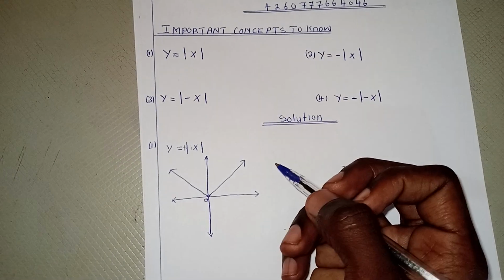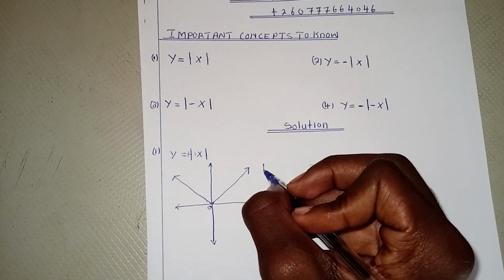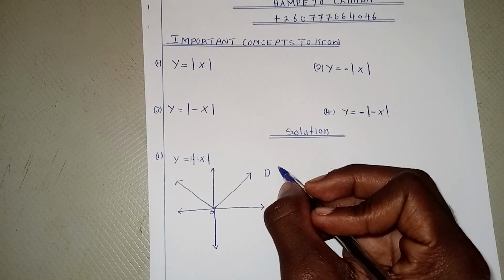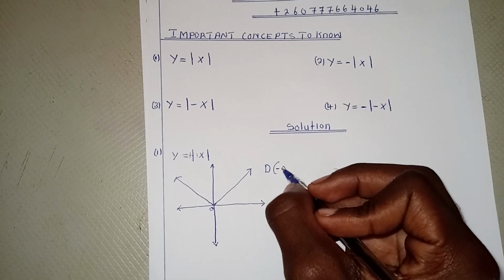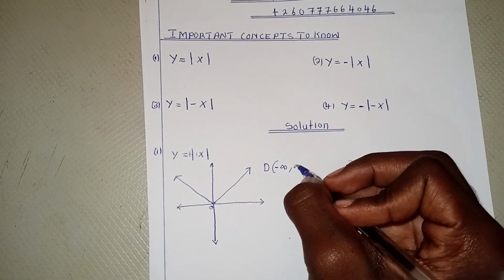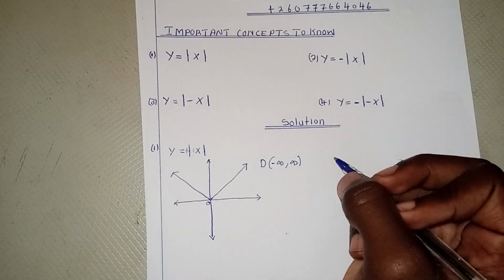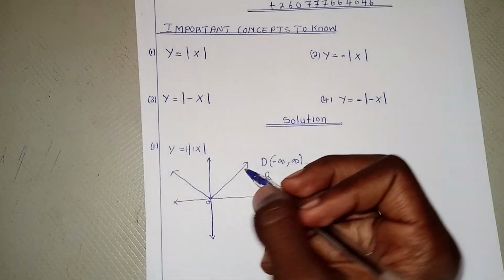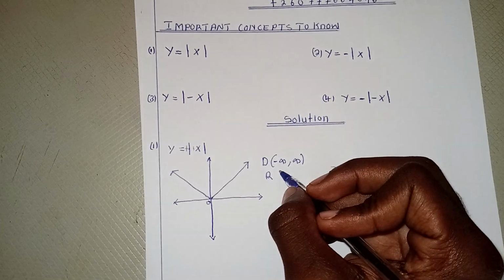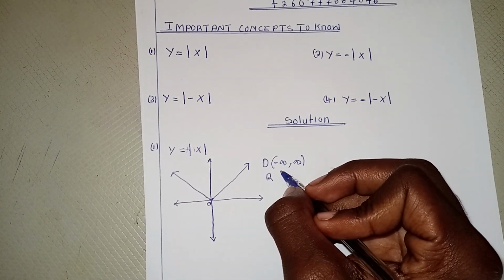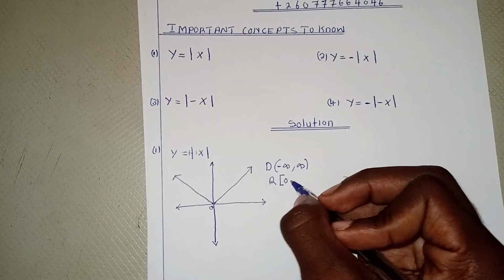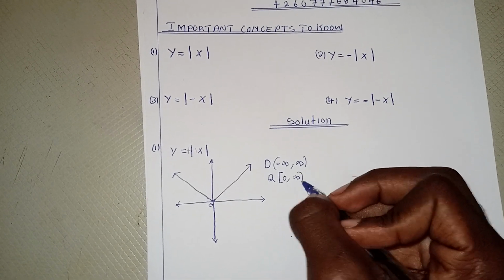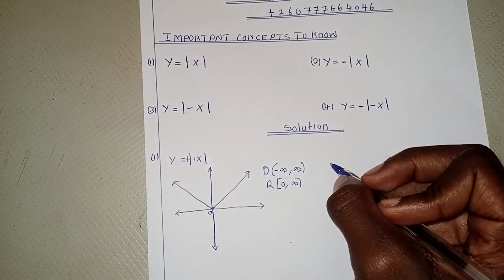So you discover that the domain is simply coming from negative infinity going to positive infinity. But then the range, since it's coming from 0 going to positive infinity, then automatically we can say that the range is 0 comma positive infinity.